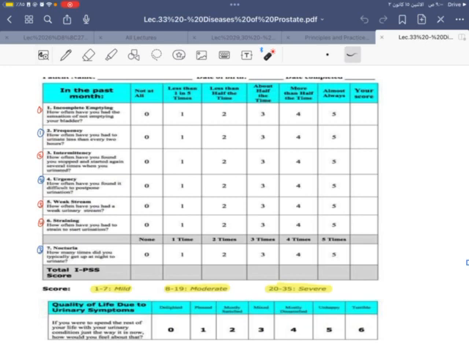More than half of the times, 4. Less than half of the times, 2, and sometimes it's 1. For each item, then you sum the whole score and see out of 35.